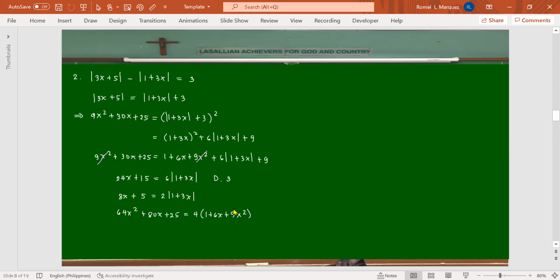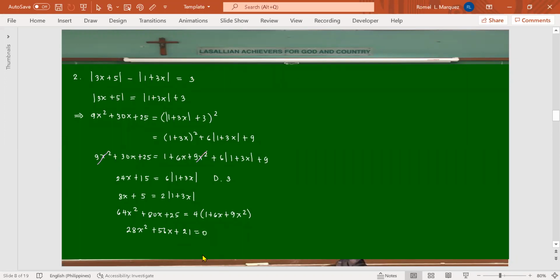This is 36, but when transposed, negative. 64 minus 36 is 28. 80 minus 24 is 56. And the last one, 25 minus 4 is 21.